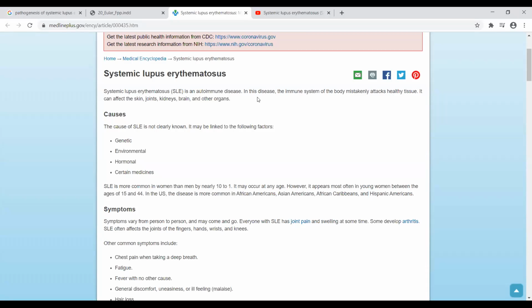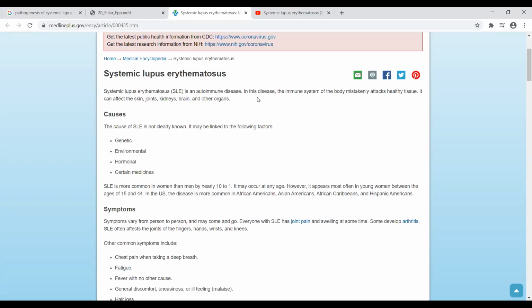Again, we do not know the cause of this particular disease. It may be linked to genetics, environmental conditions, hormones, or certain medicines. This disease is seen to be more common in women as compared to men, and the ratio is almost 10:1. It may occur in any age group, however it appears most often in young women between the ages of 15 and 44.